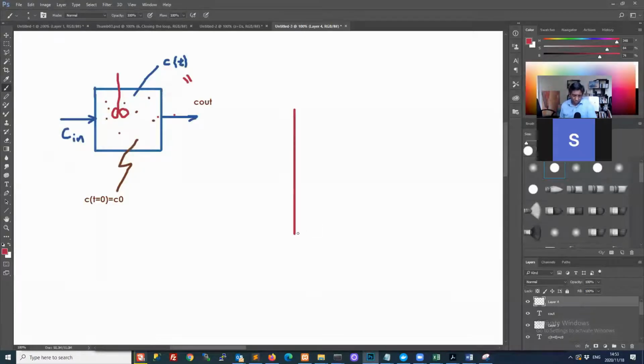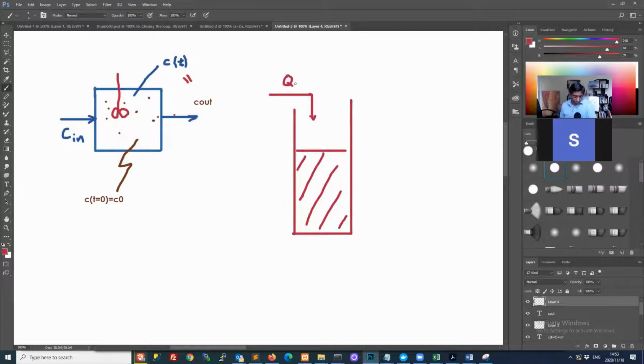If you have a gravity-driven exit stream, we've got some level in this vessel. We are feeding in at a flow rate Q in, and the height here is going to dictate the exit flow rate Q out.